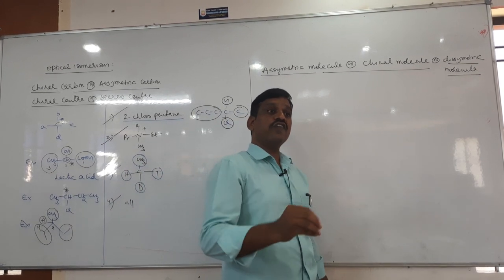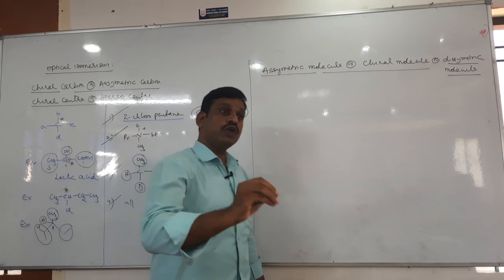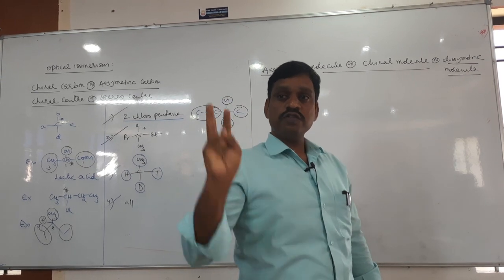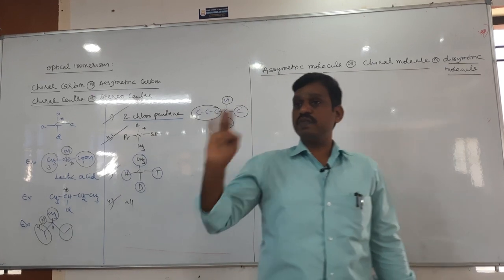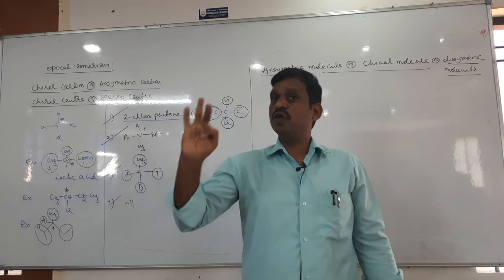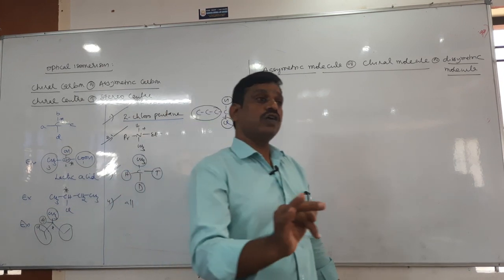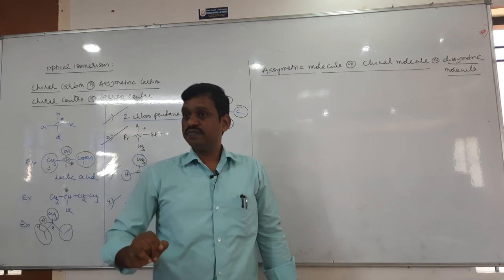So what is the meaning of chirality? If the molecule does not have 3 elements of symmetry, that is plane of symmetry, center of symmetry, alternating axis of symmetry, then that molecule is called a chiral molecule or asymmetric molecule, right?